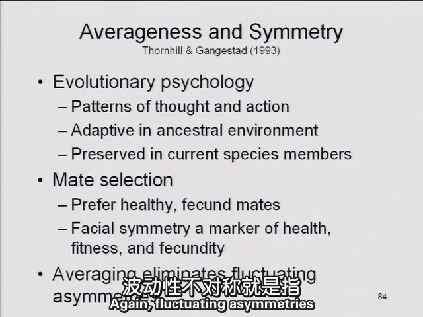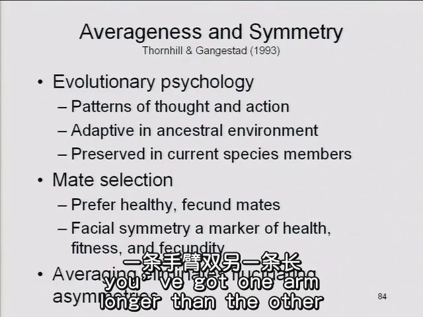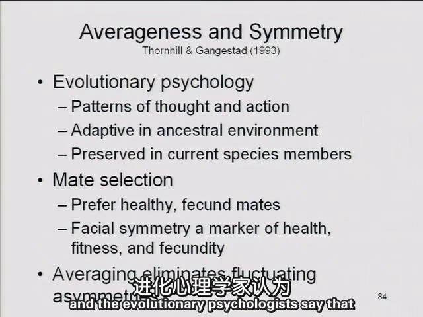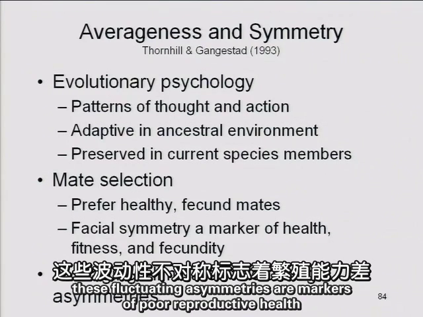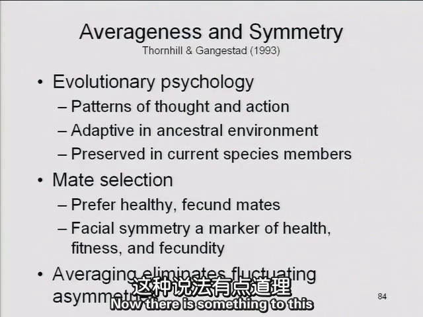Again, fluctuating asymmetries, you got more fingers on one hand than the other, you got one arm longer than the other, you've got all these kinds of things. And the evolutionary psychologists say that these fluctuating asymmetries are markers of poor reproductive health. We try to avoid them. Now, there's something to this.